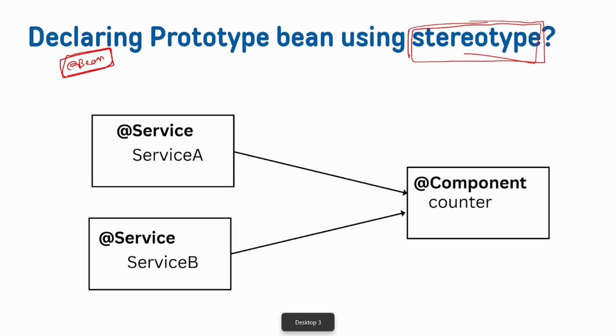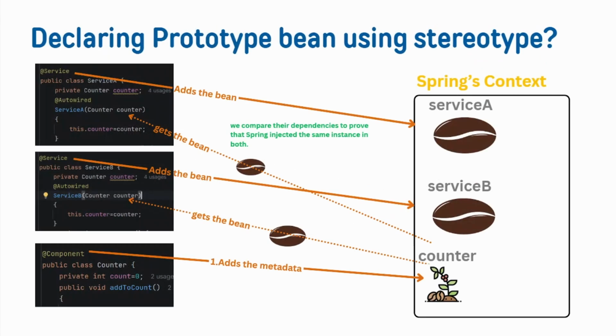So let's see it with the help of the diagram. So what happened here? When we write the component and mark its scope as prototype, what does Spring do?